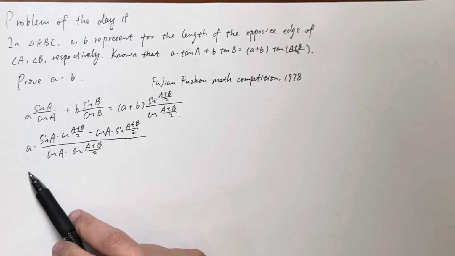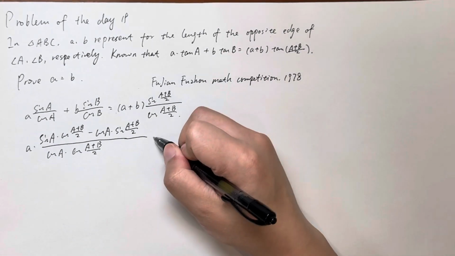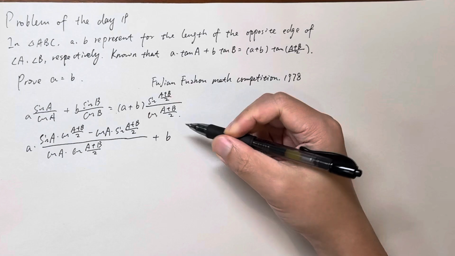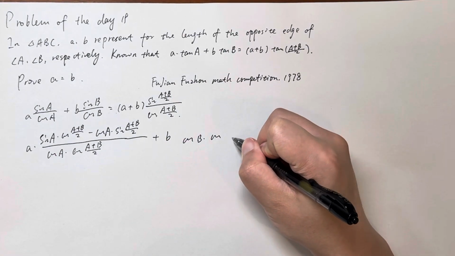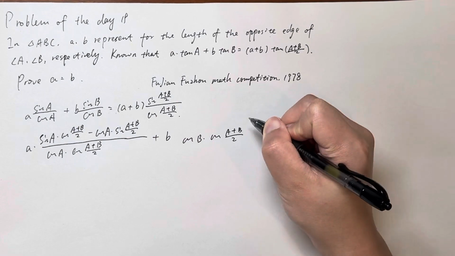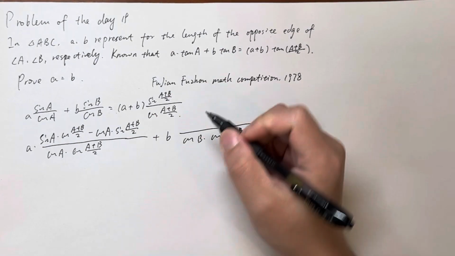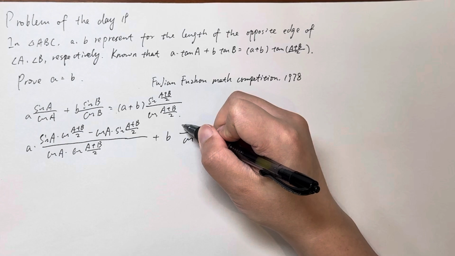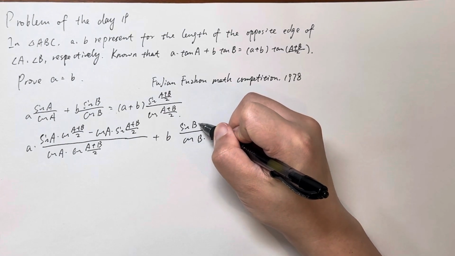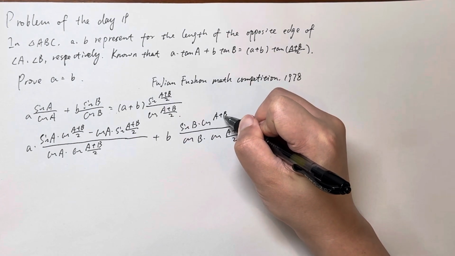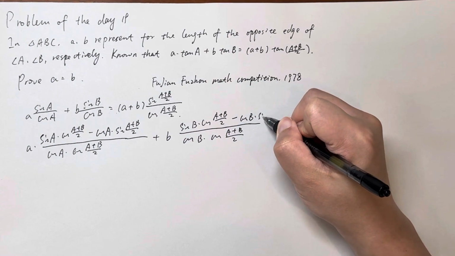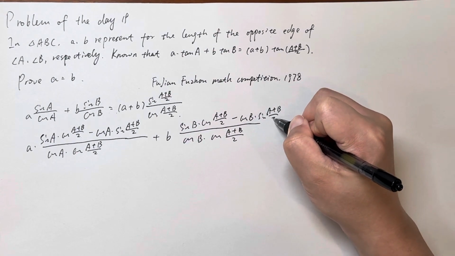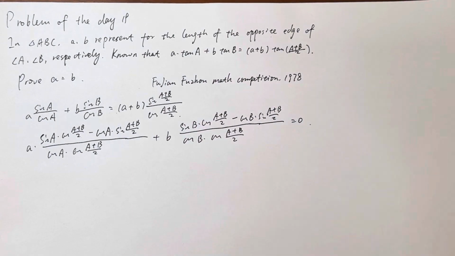That's for the term with a, and we have b here as well, which is cos B, cos of (A plus B)/2, and on the denominator it is sin B cos of (A plus B)/2 minus cos B sin of (A plus B)/2 equals 0. That's the equation, right? We just reformed it.